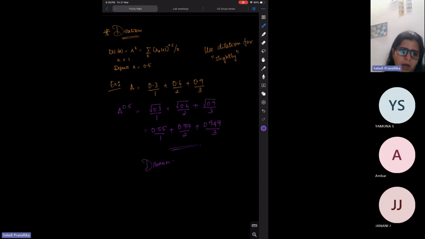If k is 0.2, which is less than 1, we are dilating. The spread is opposite to what happens in concentration; the spread here in dilation will increase. This is the spread of A.